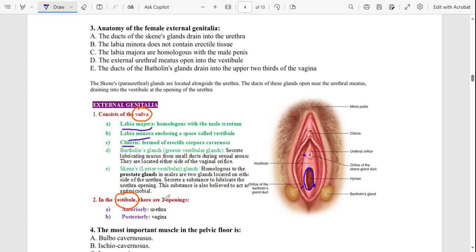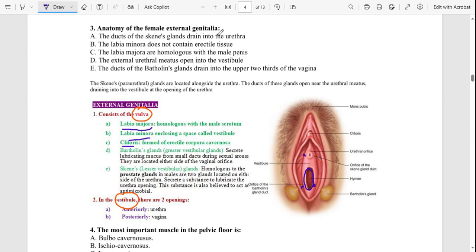They secrete a substance involved in lubrication, to lubricate the urethral opening. It's also believed that their secretion has some antimicrobial effect. So this is the anatomy of the external genitalia.